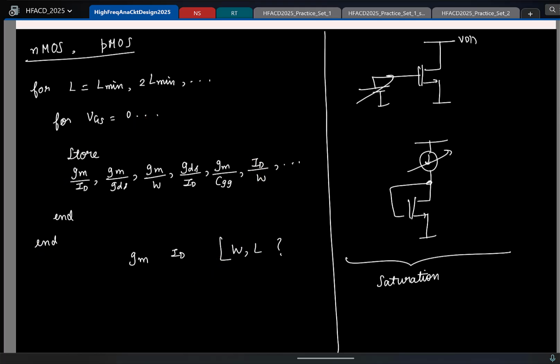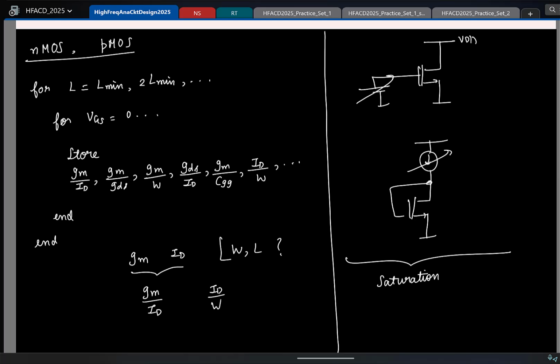I know GM by ID. From these two I will know GM by ID, and I need to find the dimensions, width and length. So which parameter can I look at now? Now I know the current, I need to find the width. So I can basically look at ID by W.